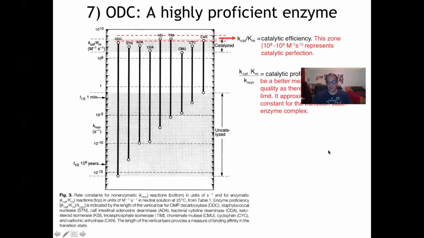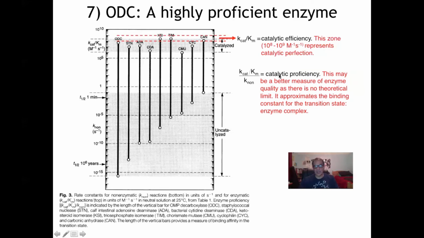Okay, so just to summarize then, catalytic proficiency, which is Kcat over Km divided by Knon, in other words, the catalytic efficiency divided by Knon, may be a better measure of enzyme quality than catalytic efficiency, as there's no theoretical limit. And in addition, it approximates the binding constant for the transition state enzyme complex, and in that way can be thought of as the ultimate measure of enzyme quality.